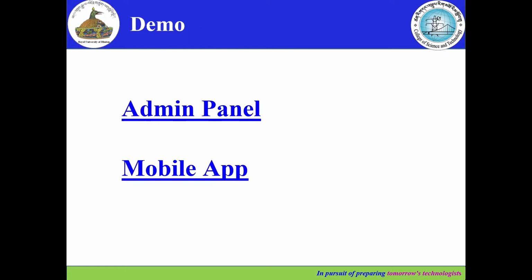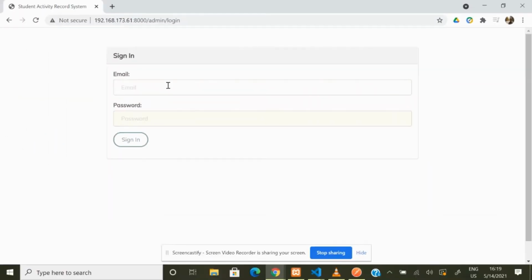And now if I go on with the demo, firstly for the admin panel, we have recorded a video. So the admin panel has a sign-in with credentials. With the correct credentials, the admin can log into the admin site.